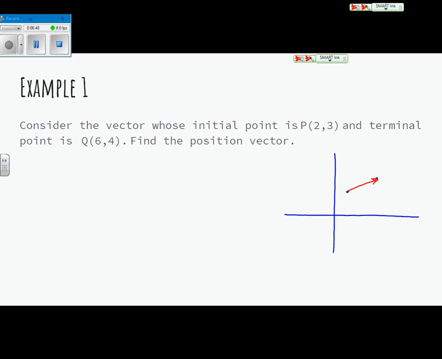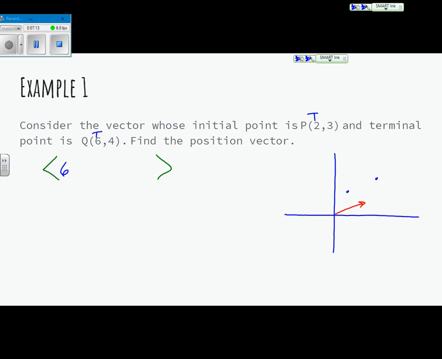I want to find what they call the position vector. So what I'm going to do is take that vector and slide it down so its initial point is right there on the origin, and see what that vector is. To get my hands on that, I have my pointed brackets ready to go. I'm going to do my terminal x value minus my initial x value.